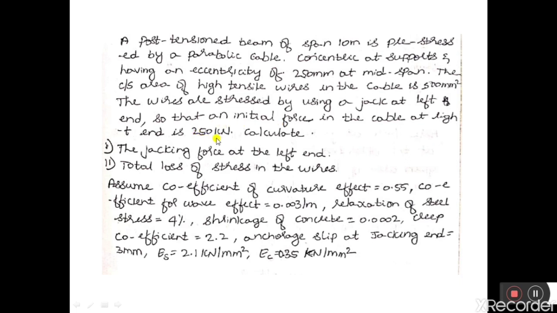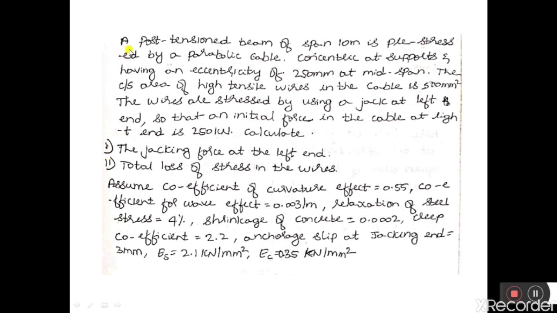Remember this: initial pre-stressing force at right end is 250 kilonewton, and we need to calculate the initial pre-stressing force at left end. They have also given the details for shrinkage of concrete, creep of concrete, the amount of anchorage slip, and the coefficient of friction values, etc. So for this we should calculate the force at jacking end and losses in the wires.